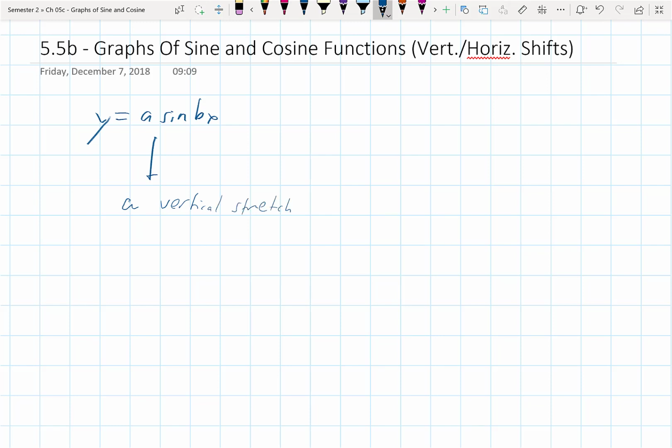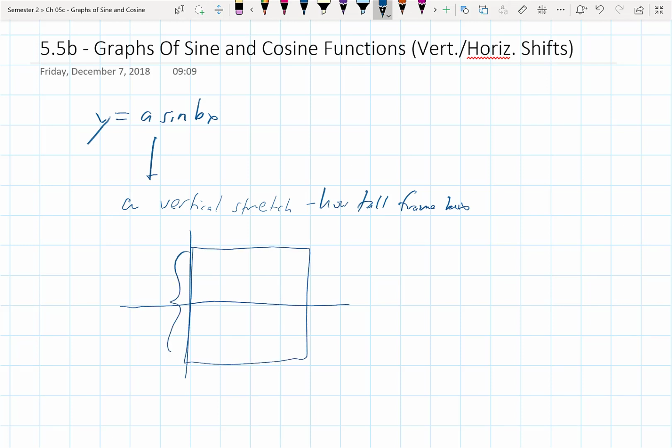It tells you how tall your frame box is. So if I'm drawing a graph and I put a frame box in like this, the height of it is actually 2a. You're going to go a up and a down.